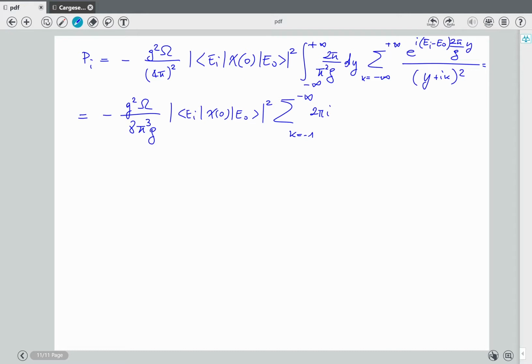So we have to compute the first derivative of that function with respect to y, and that gives ei minus e0 2 pi over g, that is the derivative, times the exponential ei minus e0 2 pi over g, and then y is equal to minus ik.